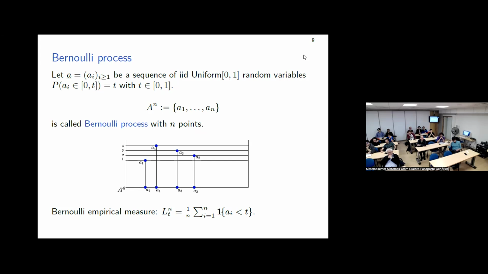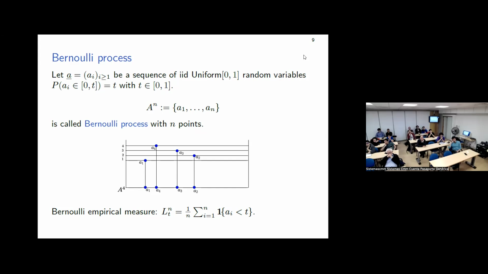You consider an infinite sequence of independent random variables A_i that are uniform in this interval, and construct the point process consisting of the first n positions of these random variables.